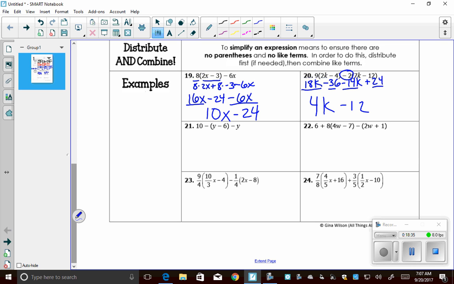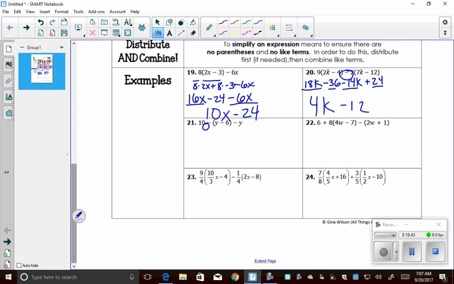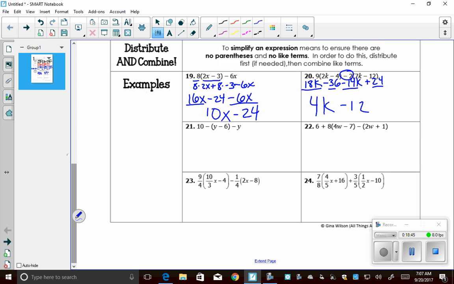21. I'm only looking at the parentheses for now because I have to distribute the negative. Remember, if it's just a negative in front, you can rewrite it to have a negative 1. That is okay. If you get confused with just a negative sign, put a 1 right in front of the first parentheses.